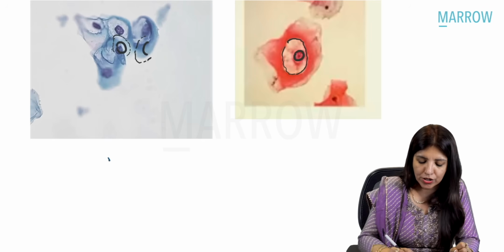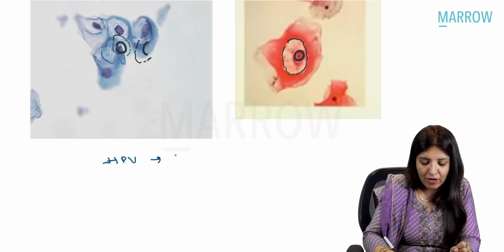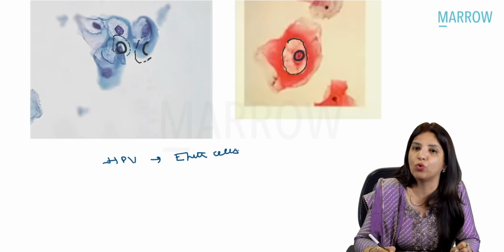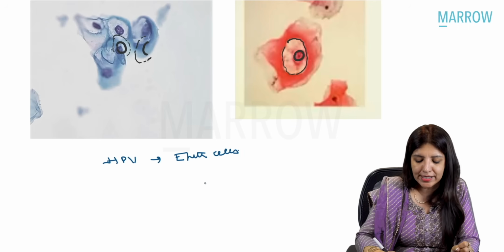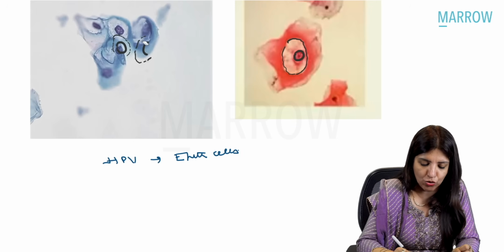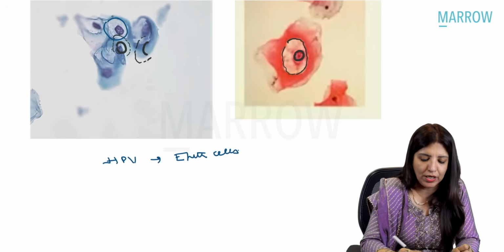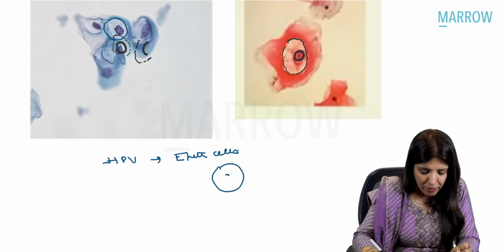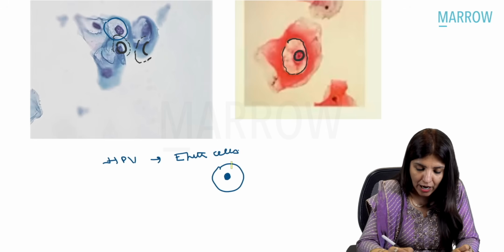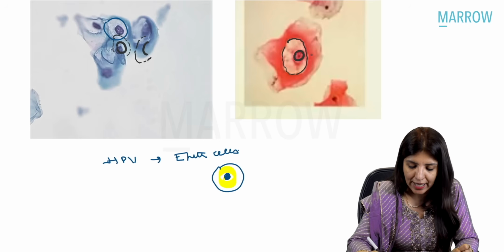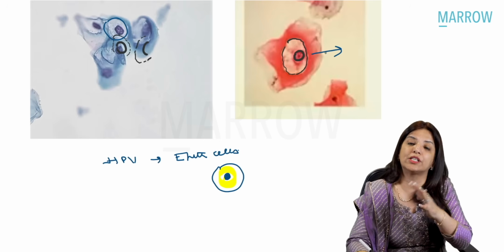What is coilocytosis? When HPV infects the epithelial cells, then it changes them into coilocyte. What is a coilocyte? In a coilocyte, you will see that there is a perinuclear halo. So there is going to be a cell with the nucleus, and around the nucleus, you are going to get a halo. See over here, very, very characteristic image. This over here was an eosinophilic cell.